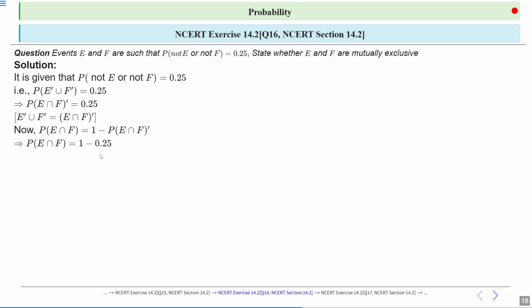Clear? It implies the probability of E intersection F is 0.75.